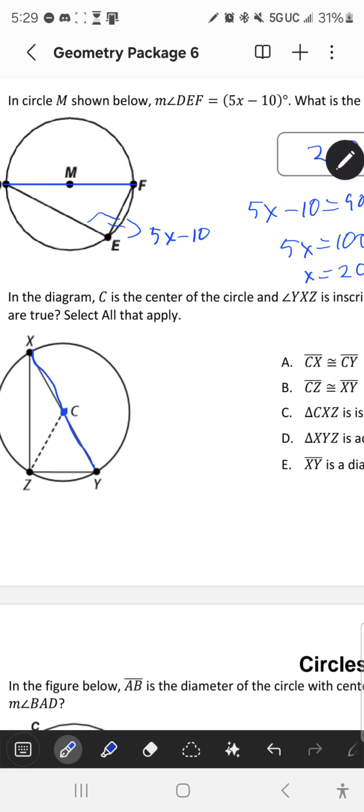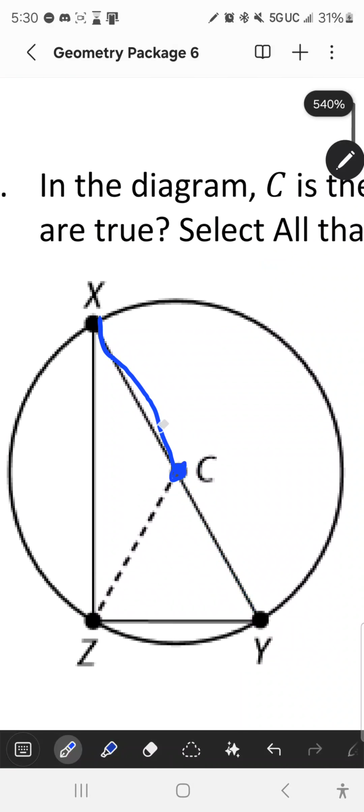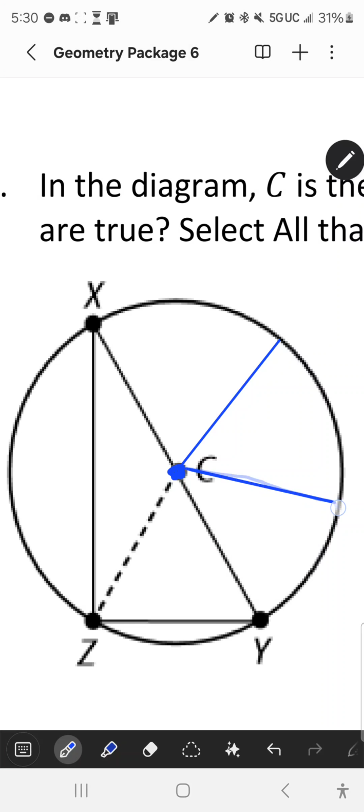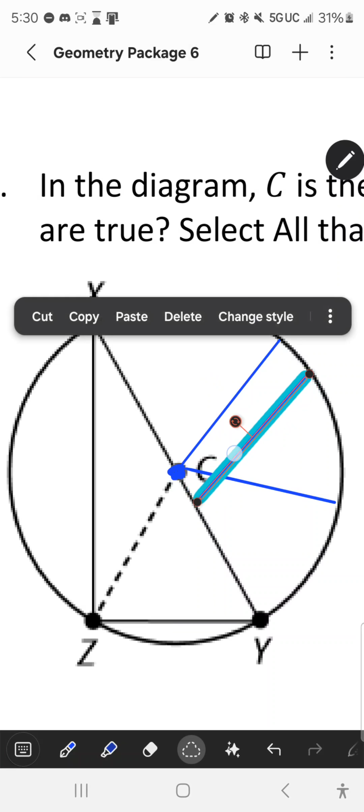Yes. Why? Because all the radii of a circle are the same. If I draw a line from the center to any point on the circle, they will have the exact same measure.